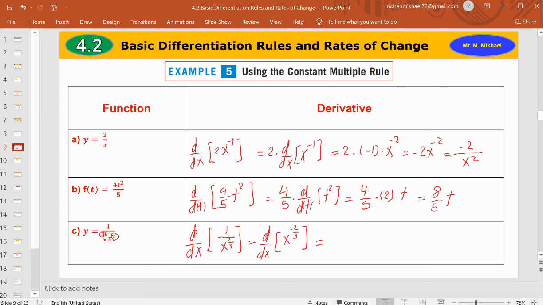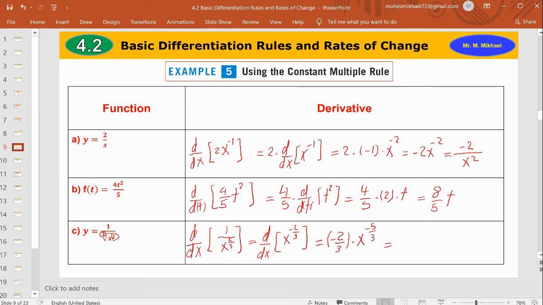Remember, guys, if you want to get the derivative of any function, you take this power -2 over 3 to be the coefficient in front of the derivative, times x to the power less 1. -2 over 3 less 1, that's -2 over 3 minus 3 over 3. That's going to be -5 over 3.